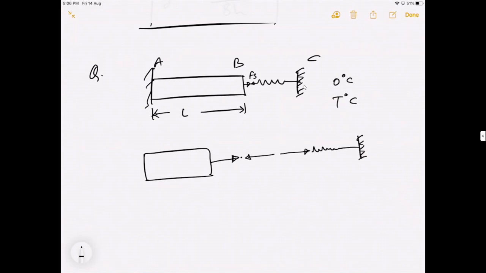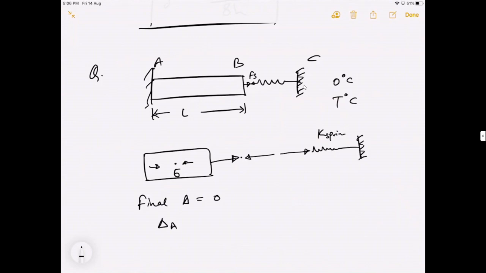This is the K spring, where K is the stiffness of the spring. Temperature is increased, and there is a compressive force in this by sigma. So final deflection, final delta will be equal to 0.